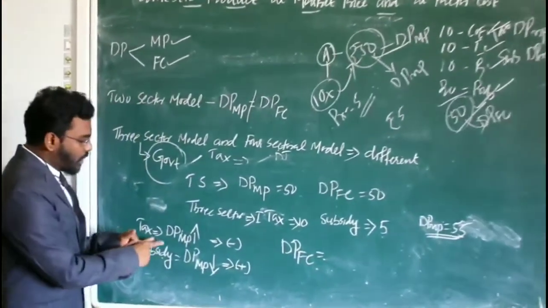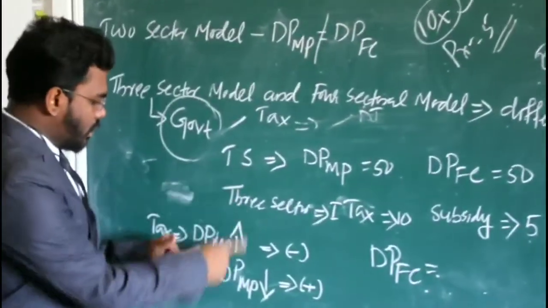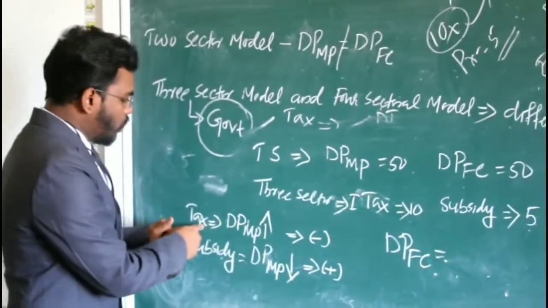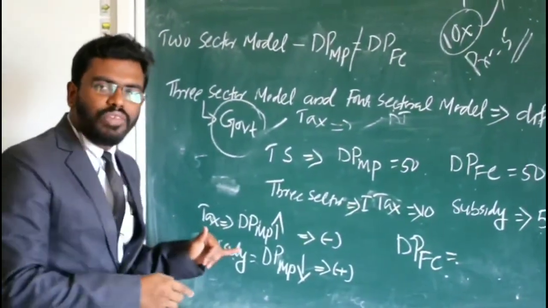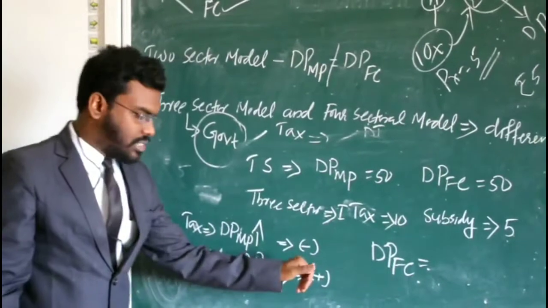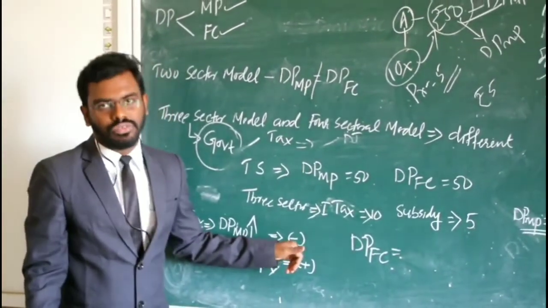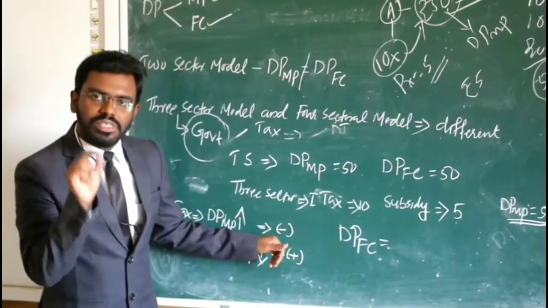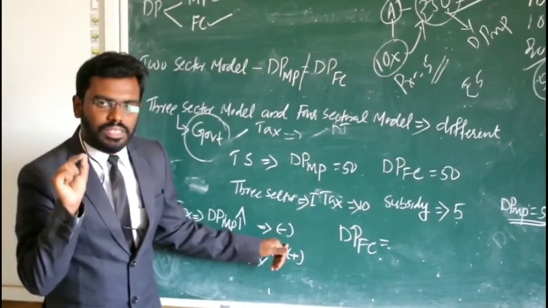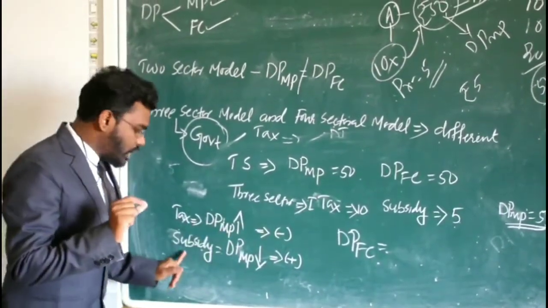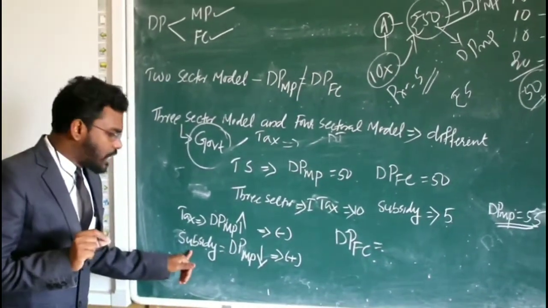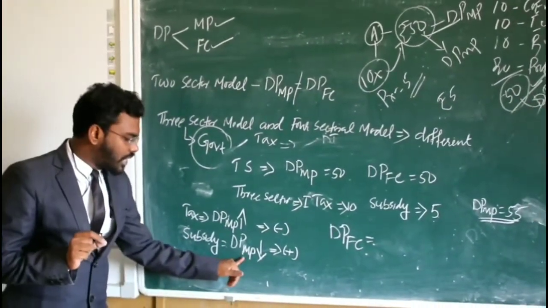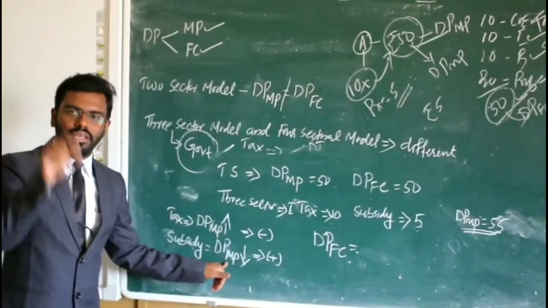Here domestic product at market price is increased due to imposing of tax. So what can we do? That should decrease, so we need to subtract that indirect tax from domestic product at market price. Next, the government provided subsidy, as a result domestic product at market price is decreased.